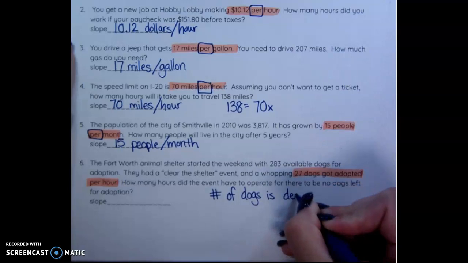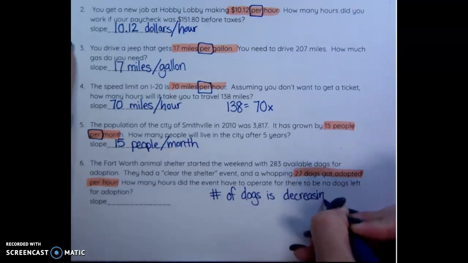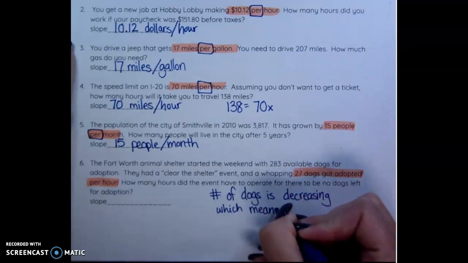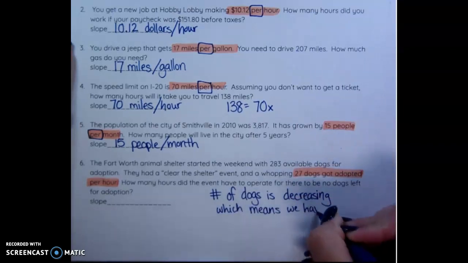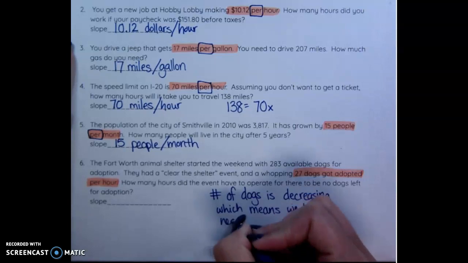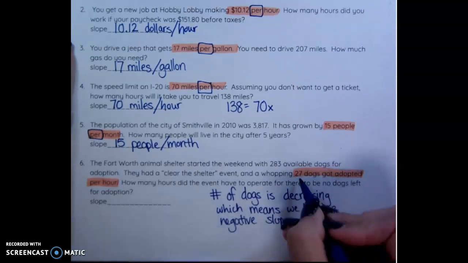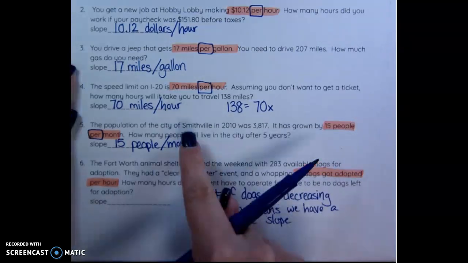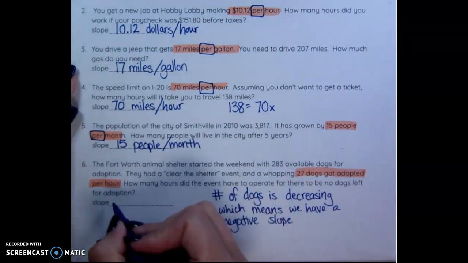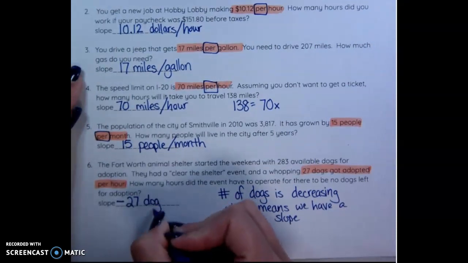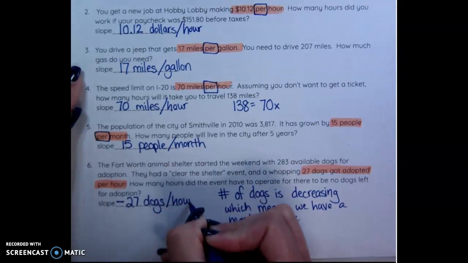So the number of dogs is decreasing, which means we have a negative slope. As time goes on, the number of dogs we have goes down. So it's minus 27 dogs per hour.